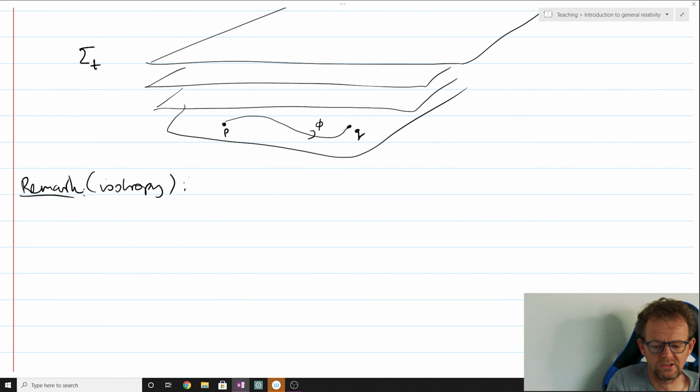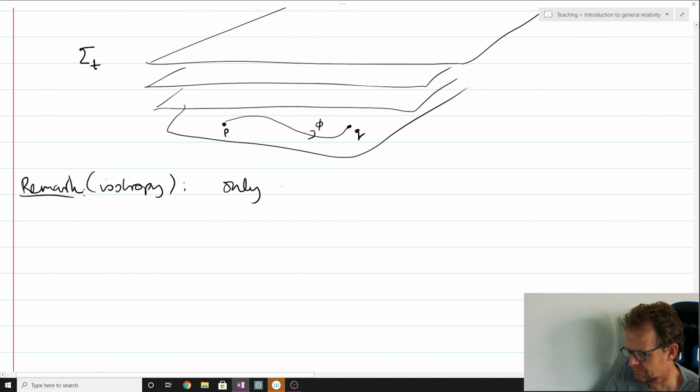There can exist no other observer who sees the universe as isotropic at that point, because any boosted observer will, thanks to length contraction, perceive the background distribution of stress energy as being concentrated in the directions perpendicular to the motion of the observer. And so that's no longer isotropic. So there's only one observer at each point.